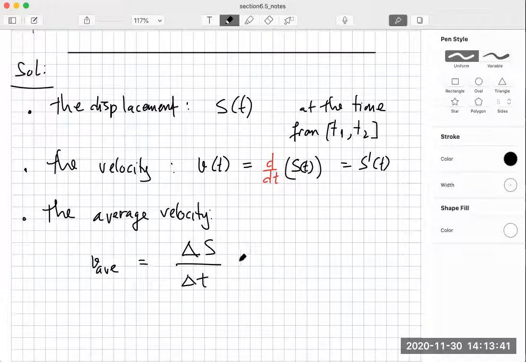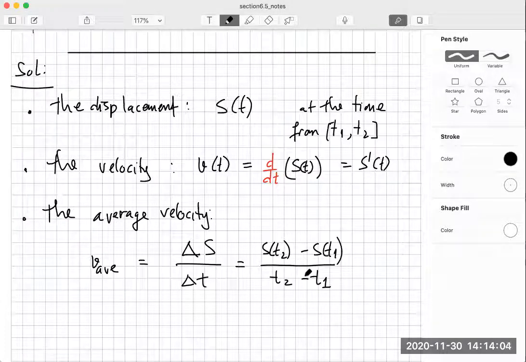And delta T in this case will be the time from T2 minus T1, right? Delta S is the change of the displacement, which is S of T2 minus S of T1 here. Okay.